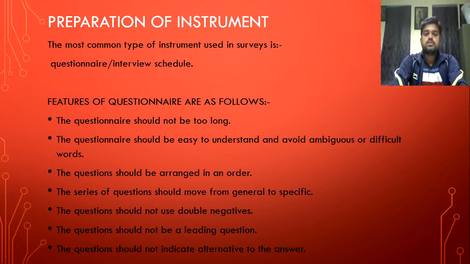The series of questions should move from general to specific. That's also a very important topic under the features of a questionnaire, and you have to understand it very clearly. What is general and what is specific?